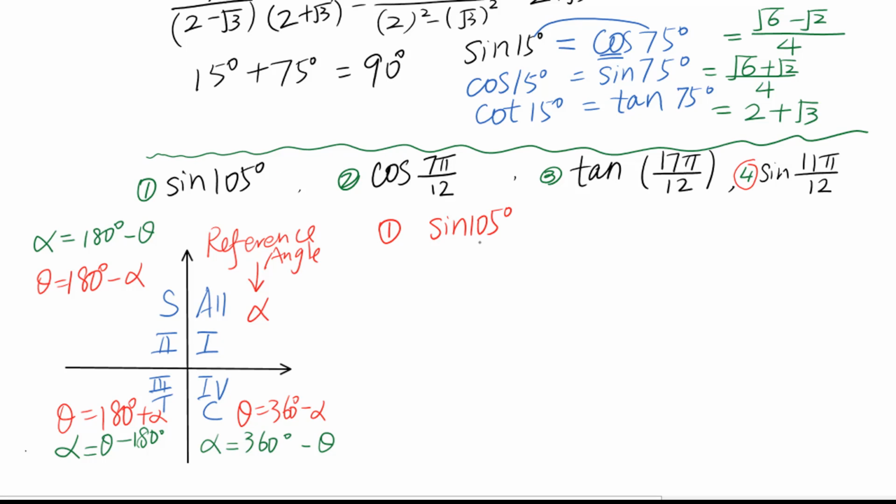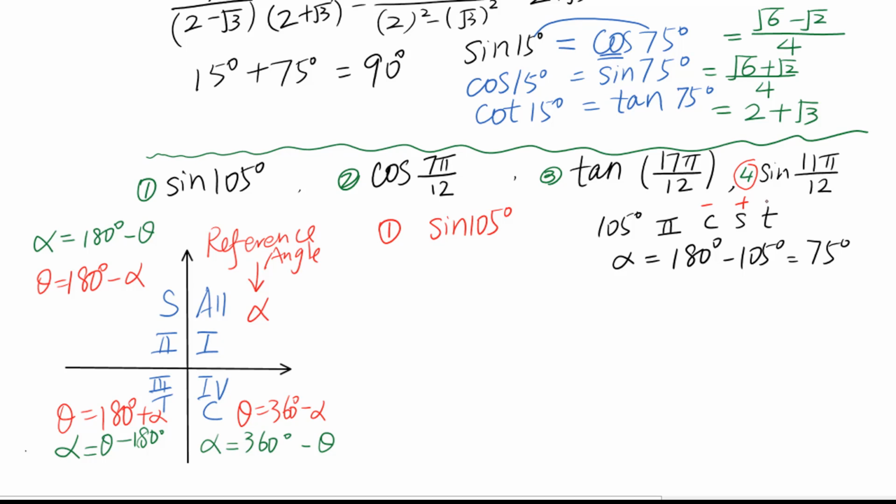First of all, you need to figure out the reference angle. 105 degree, that is a second quadrant. So the reference angle equals 180 degree minus 105 degree equals 75 degree. Since this is a second quadrant, say ASTC, sine will be positive.